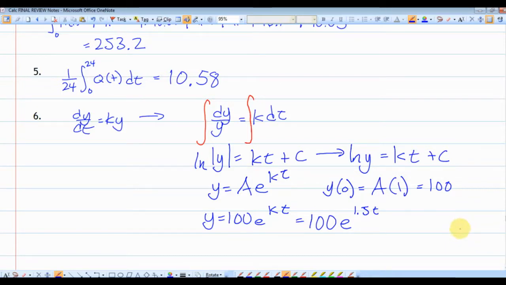Yes. When you take the integral, I really can't hear with two conversations going on at the same time. When do you know when there's an absolute value around the y for the ln y? Okay, the point in this question was there's always an absolute value. Always.